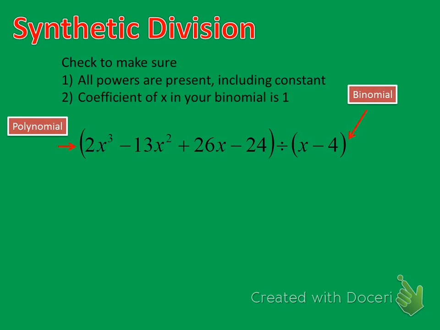Now, there's a couple of things you need to make sure of with these. For you guys, the main one is number 1. You need to make sure that all powers are present.